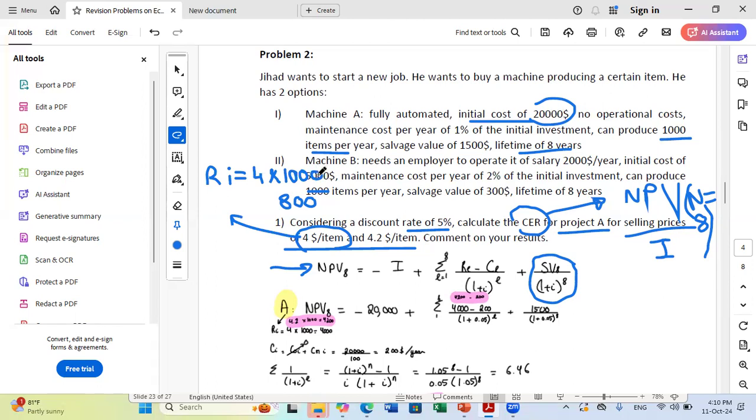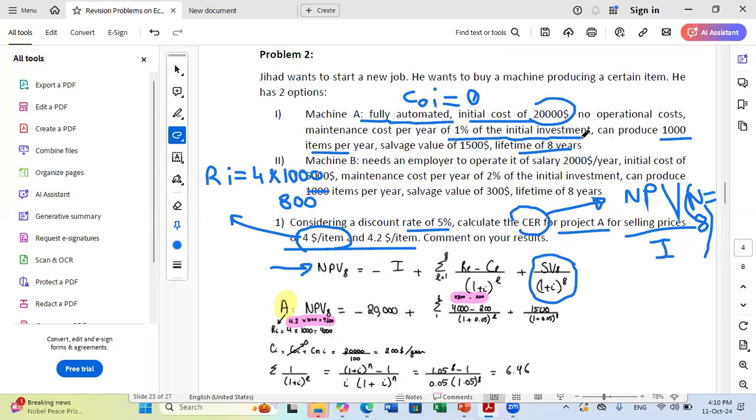Okay, and we have also that concerning the cost, we can have operational and maintenance cost, but they said that the machine is fully automated, so no operational cost. CO for each year I is 0. So we are only restricted with maintenance costs, and the maintenance cost is 1% of the initial investment.